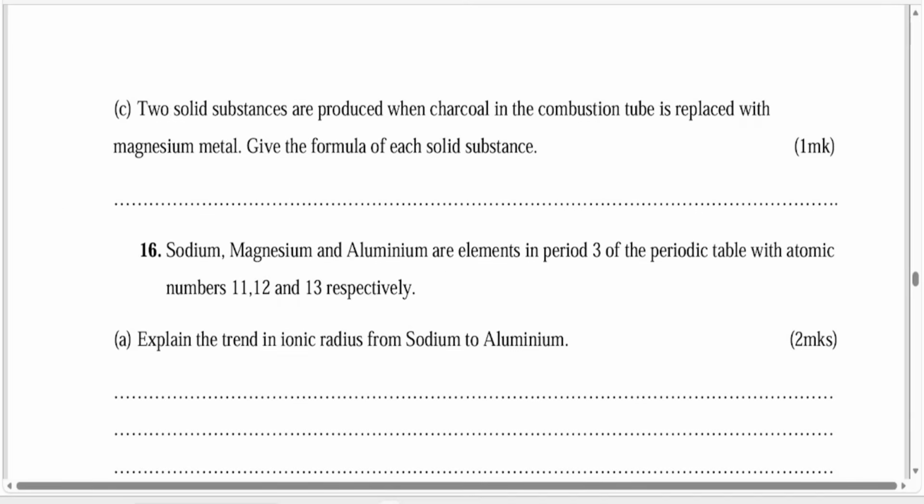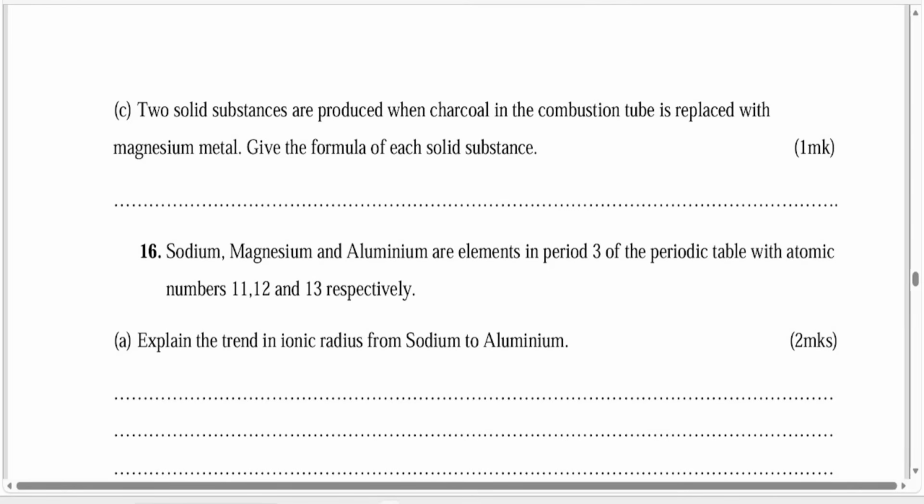Part C of the question: two solid substances are produced when charcoal in the combustion tube is replaced with magnesium metal. Give the formula of each solid substance. So we need to understand that if I was reacting carbon 4 oxide with magnesium, I could have obtained carbon and magnesium oxide. All these are solids.